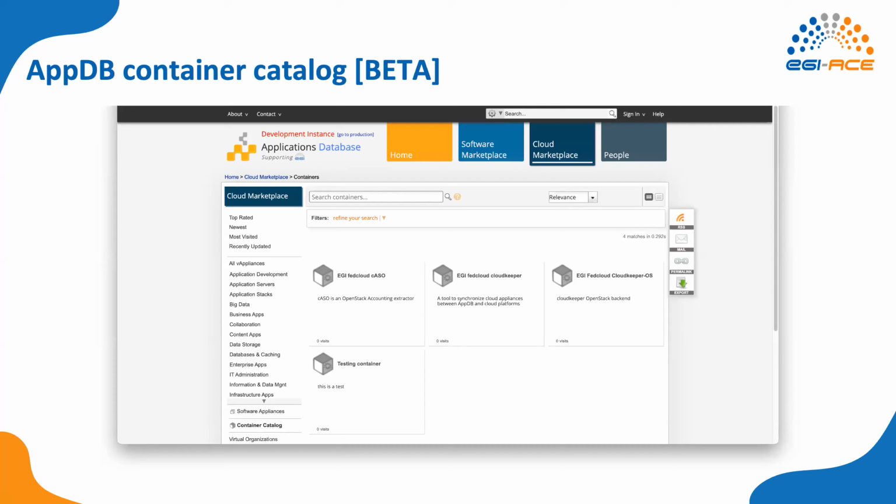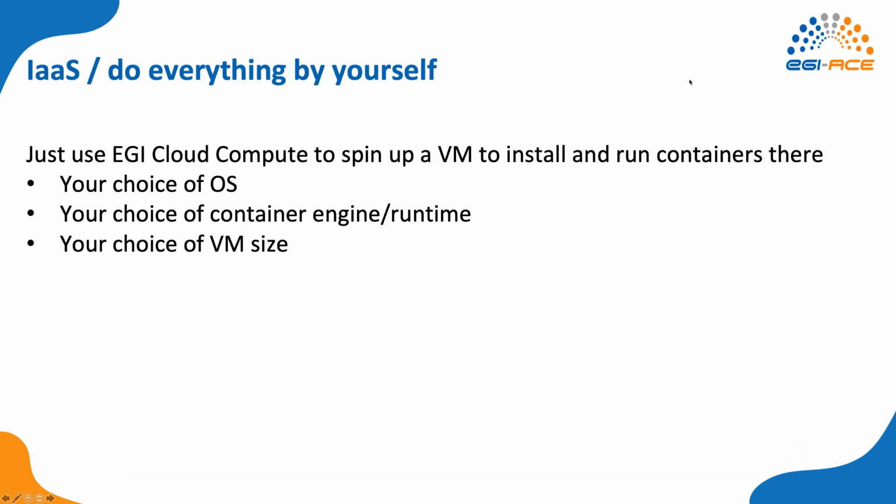This is coming. We will work on having an EGI container registry and front end with this application database. So similarly to what we have for the cloud VMs and for generic applications, we will have a similar container catalog in the AppDB.